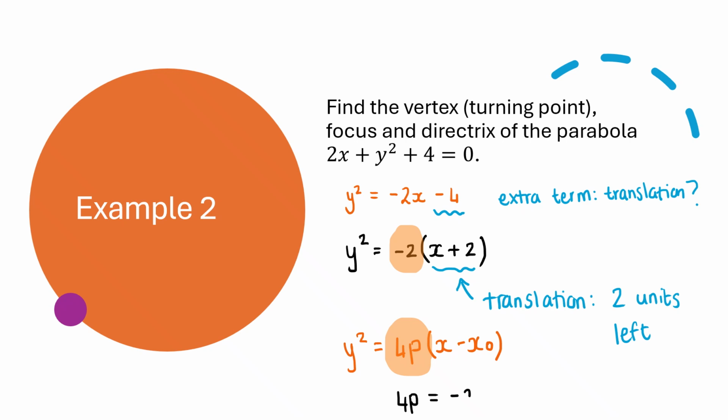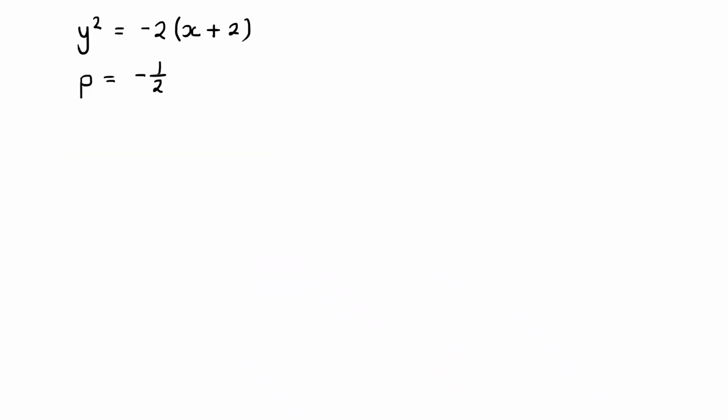Negative 2 must be equal to 4p, which means p is equal to negative a half. We can use this to find the focus and the directrix of the original graph before it was shifted, and then we can just apply the translation to find the actual focus, the actual directrix, as well as the turning point of this parabola. Let's put everything together.